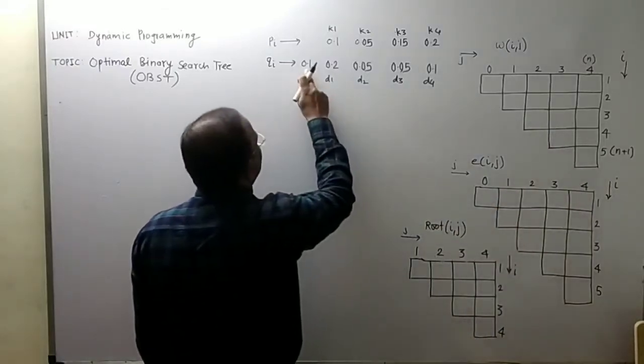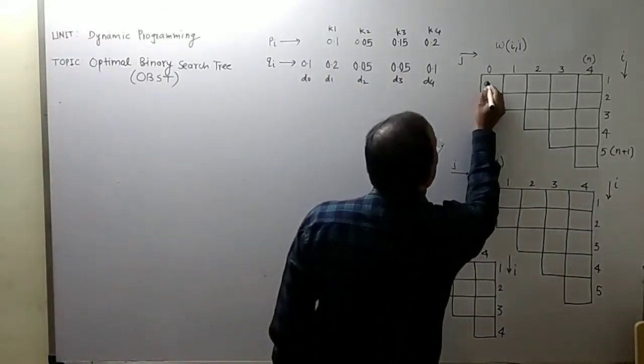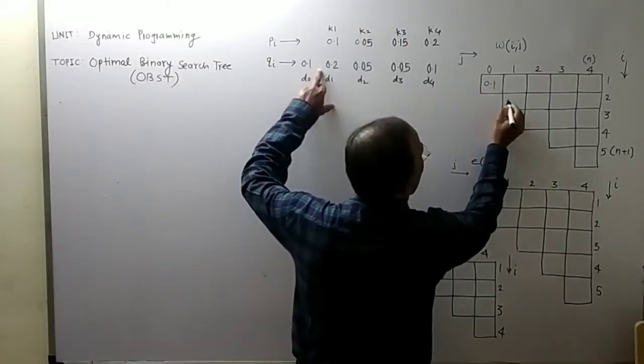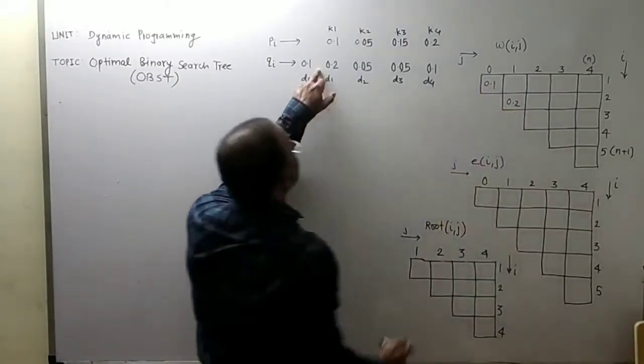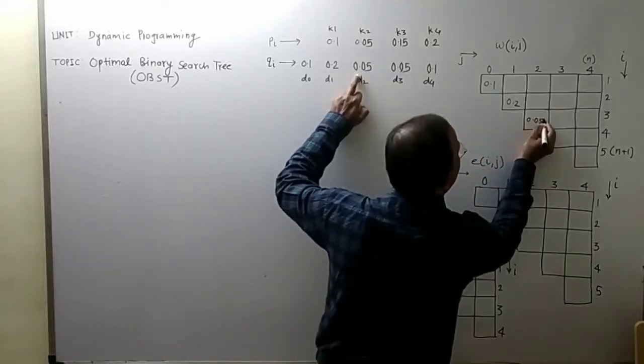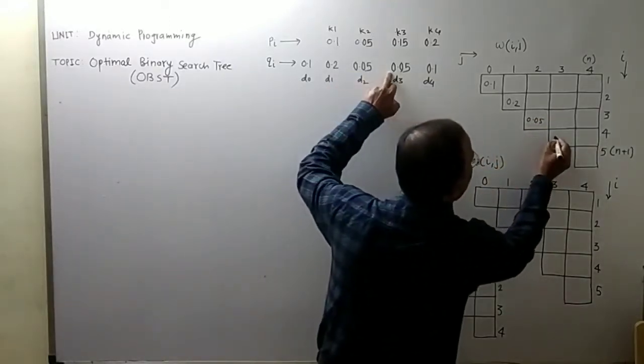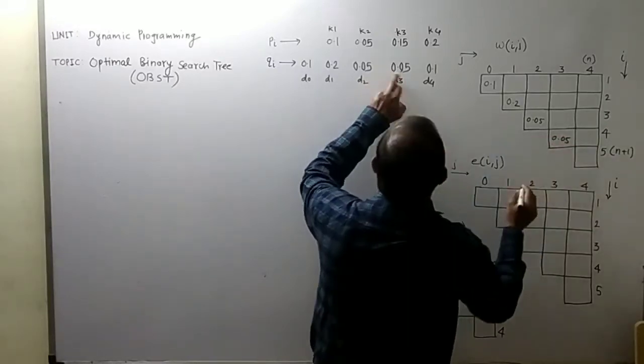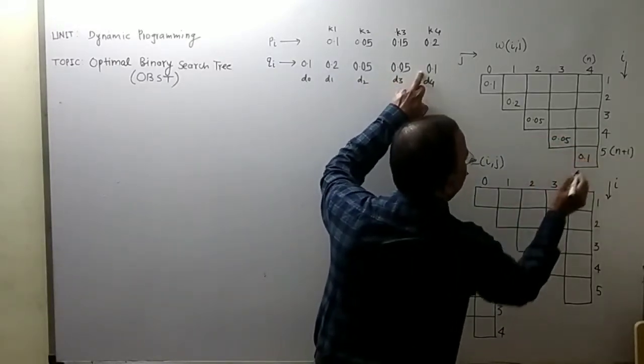Start from 0.1, then 0.2, then 0.05, then 0.05 and 0.1.